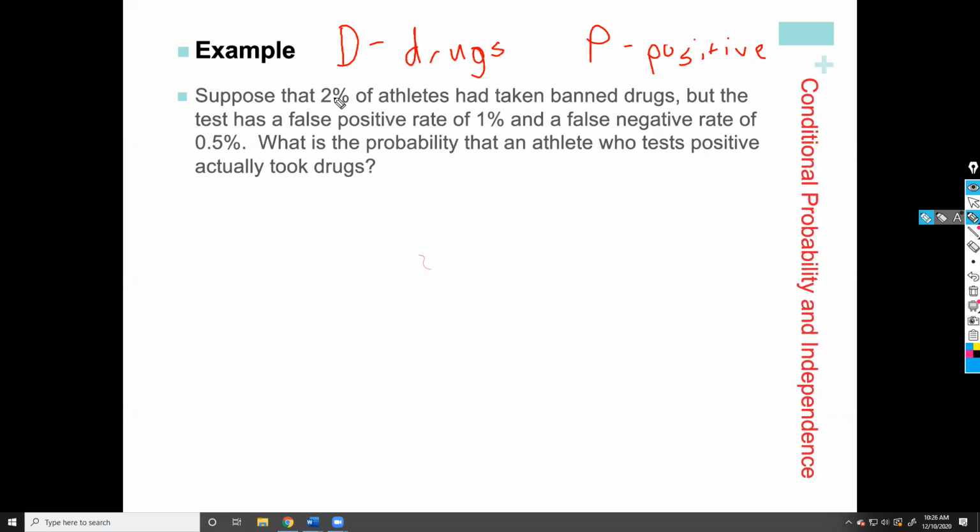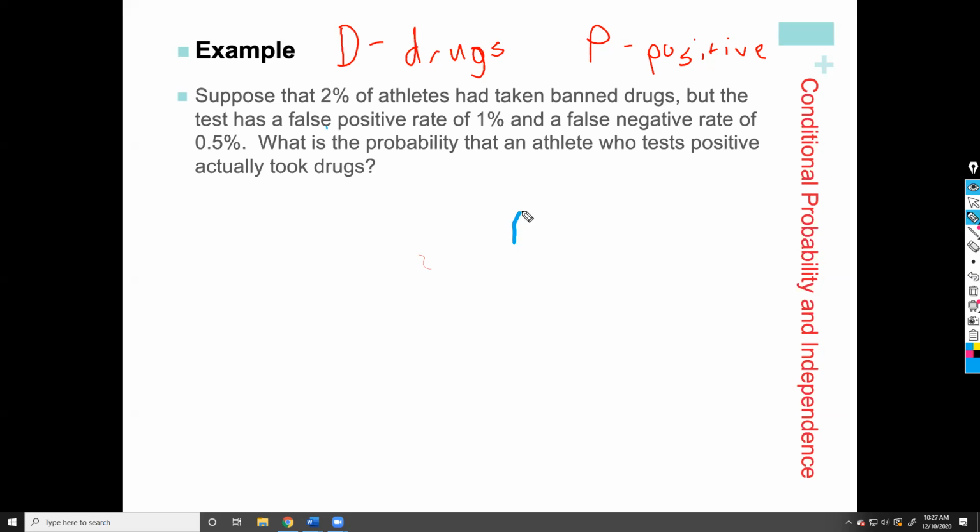If we have a small percentage of athletes who have taken the banned drugs, but we have a test that has a false positive rate of 1% and a false negative rate of 0.5. The idea is that a false positive rate that's really high in a situation where only a small percentage of the people have whatever we're looking for is actually going to have some weird results for us. This probability is going to be higher than we think.